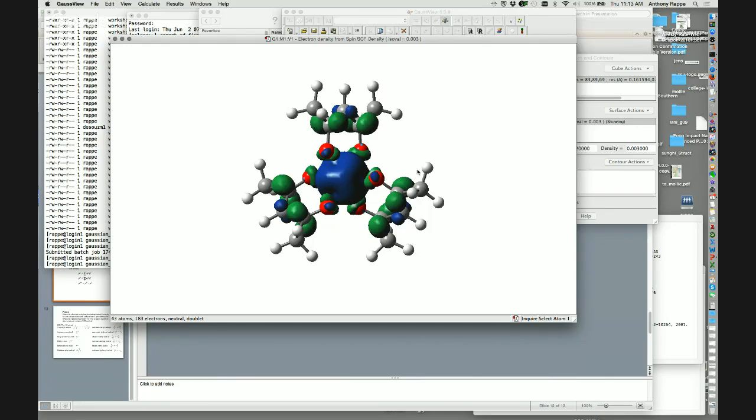It's just not enough information in that checkpoint file. This was actually an anion. We added an extra electron, and it's not a doublet. It's a triplet. It would be nice if it were correct.